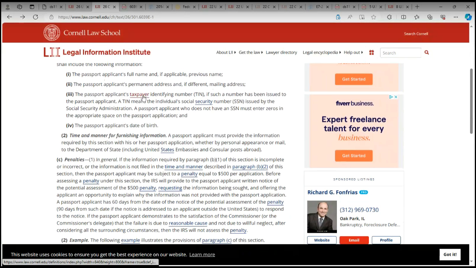Passport applicant's taxpayer identification number, TIN, if such a number has been issued to the passport applicant. A TIN means an individual social security number issued by the Social Security Administration. A passport applicant who does not have a social security number must enter zeros in the appropriate space on the passport.